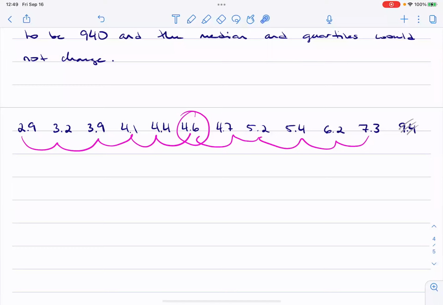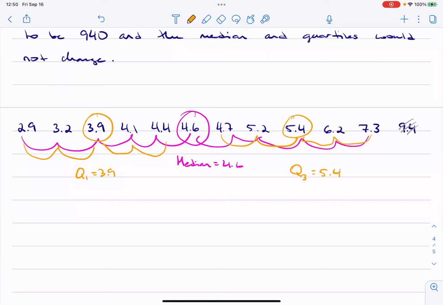So my quartiles have to start at the 4.4 and 4.7. So that's the difference here. Q1 is 3.9. It's a lot easier when you land on a number, right? But I had to start with a harder one and go for it. Q3 is 5.4. Step away from the plate. All right. We'll pick up there. But that's the general idea.